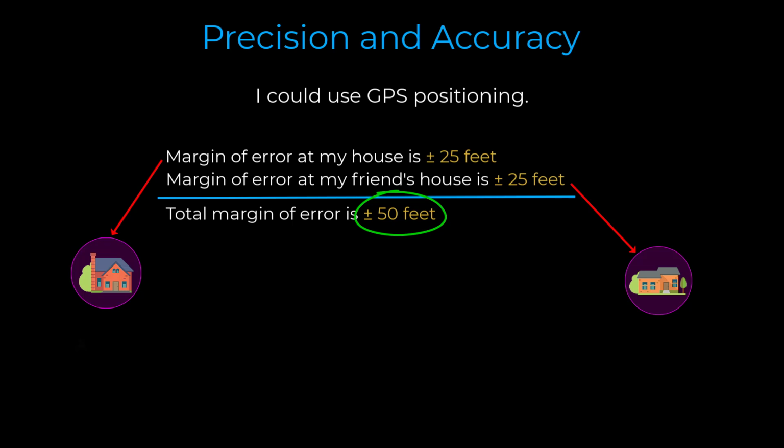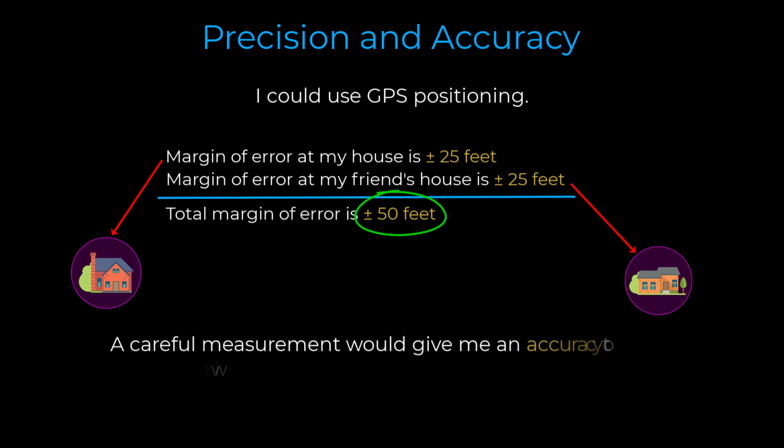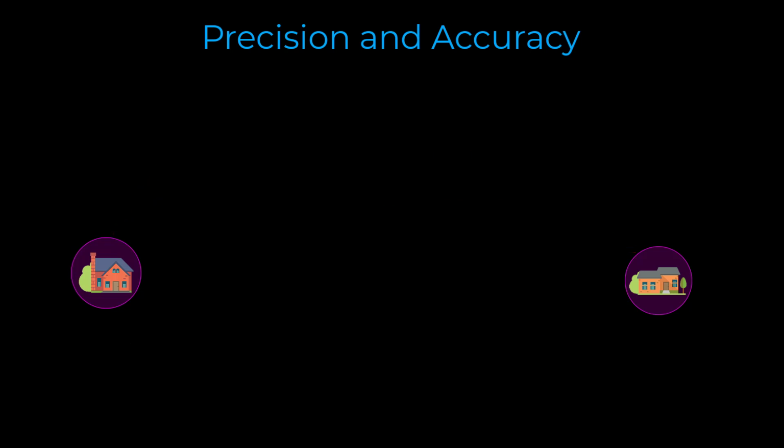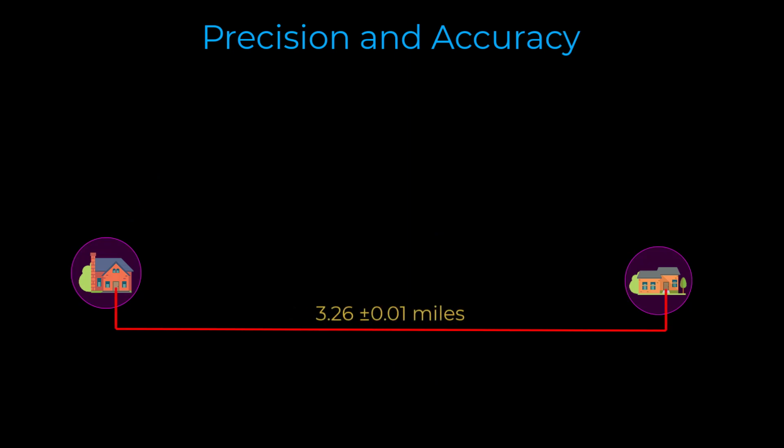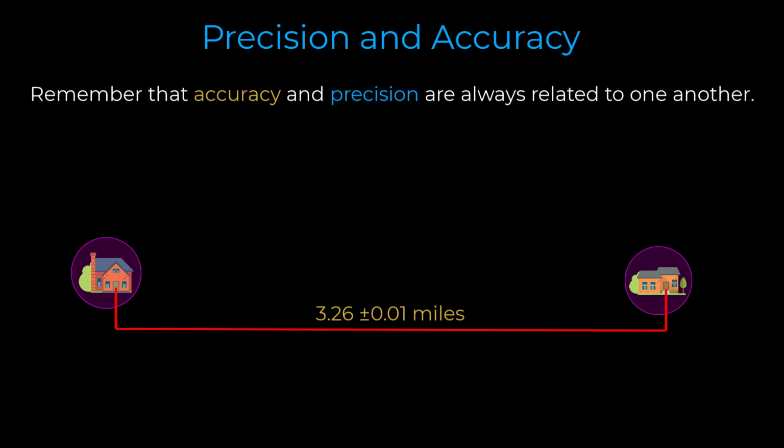In this case, a careful measurement would give me an accuracy to within 1/100th of a mile, that is 50 feet. Suppose I did this and my measurement using GPS was 3.26 miles, plus or minus 0.01 miles. Remember that I said that accuracy and precision are always related to one another.